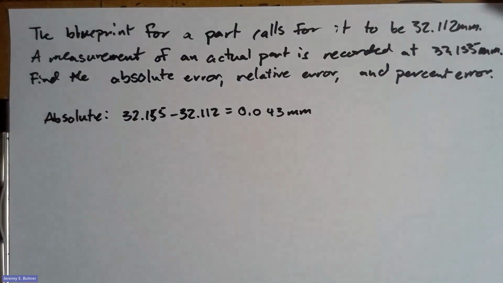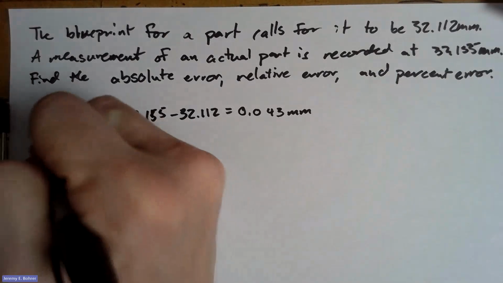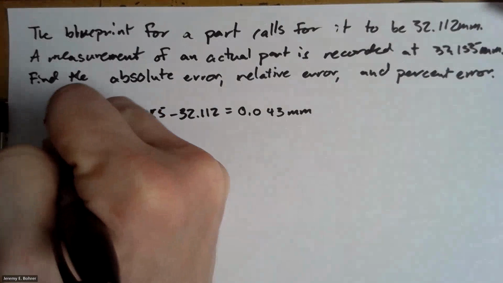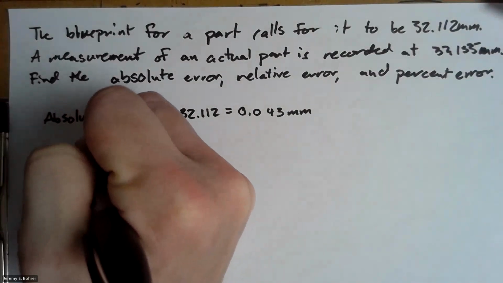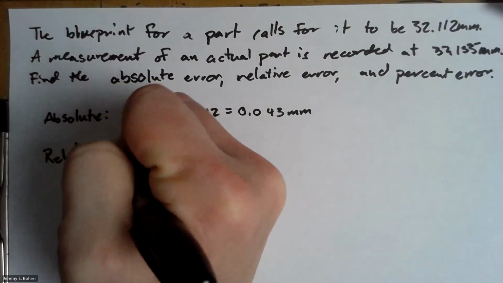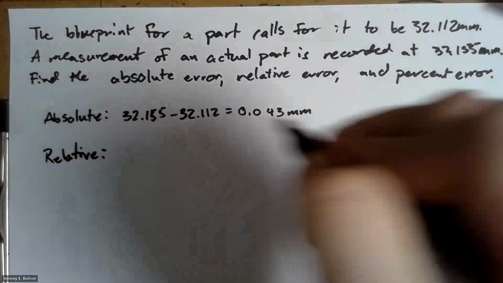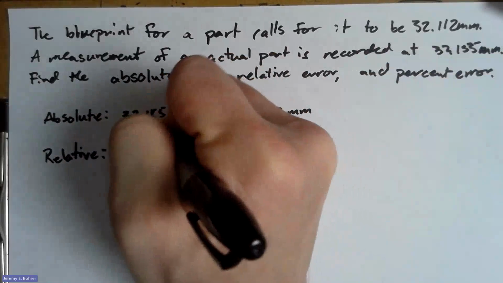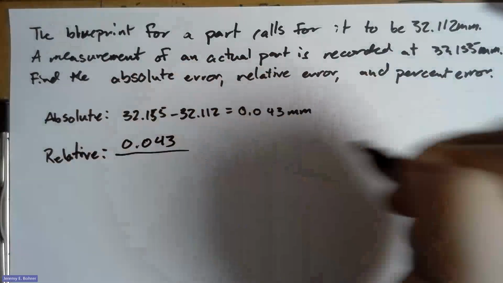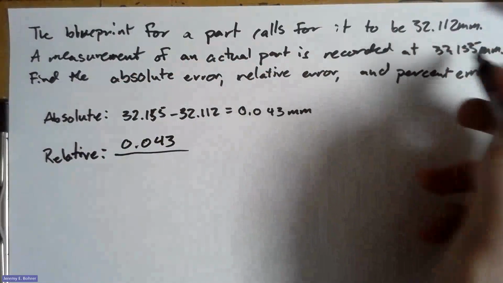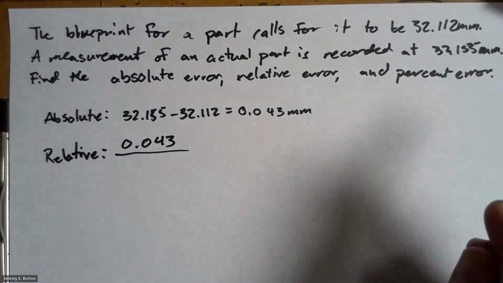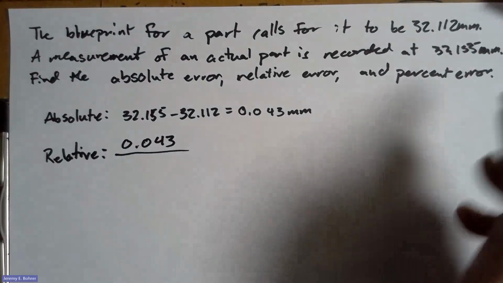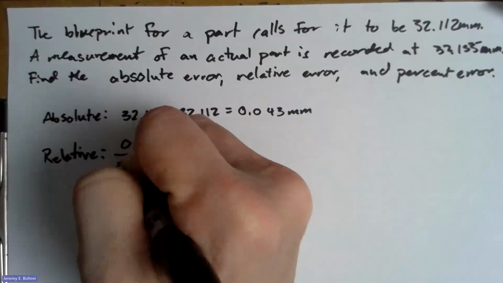For the relative error, we find the quotient of the absolute error and the true value. So that's going to be 0.043 divided by the actual measurement, which will be 32.155.